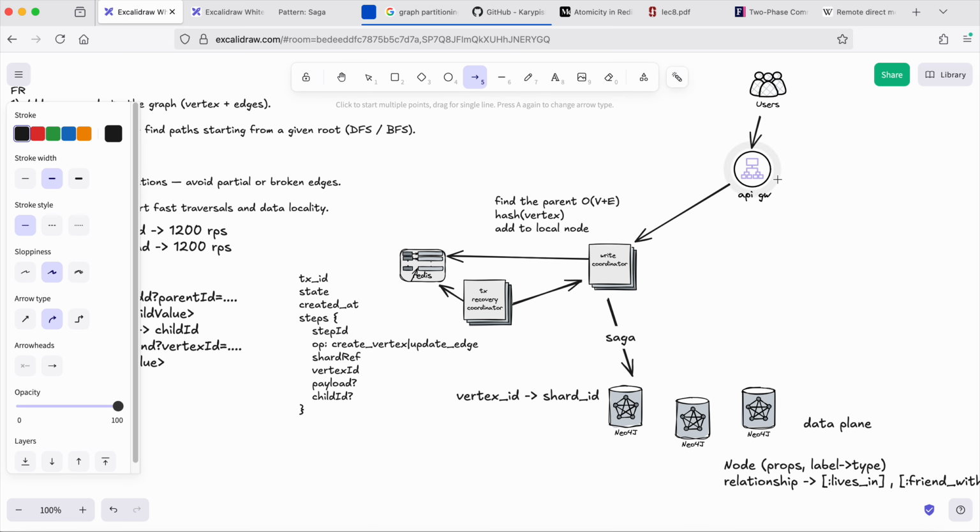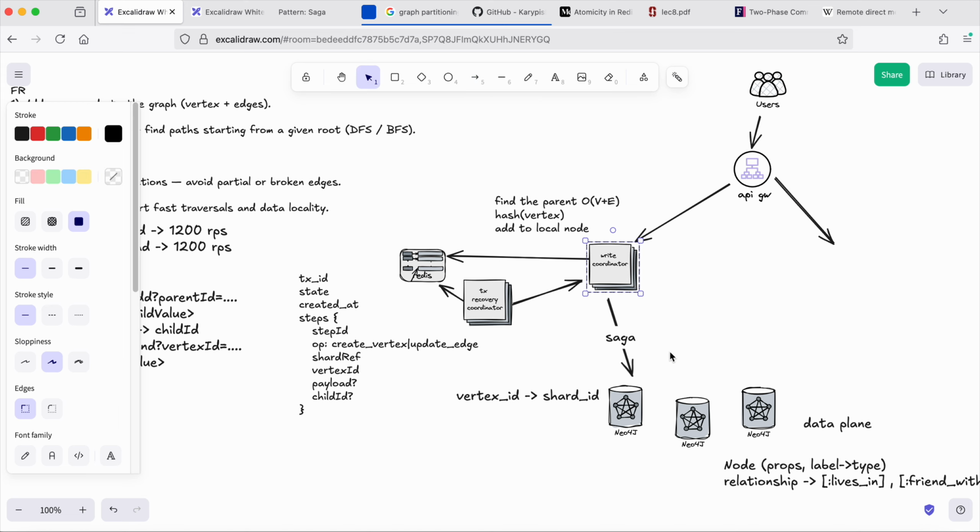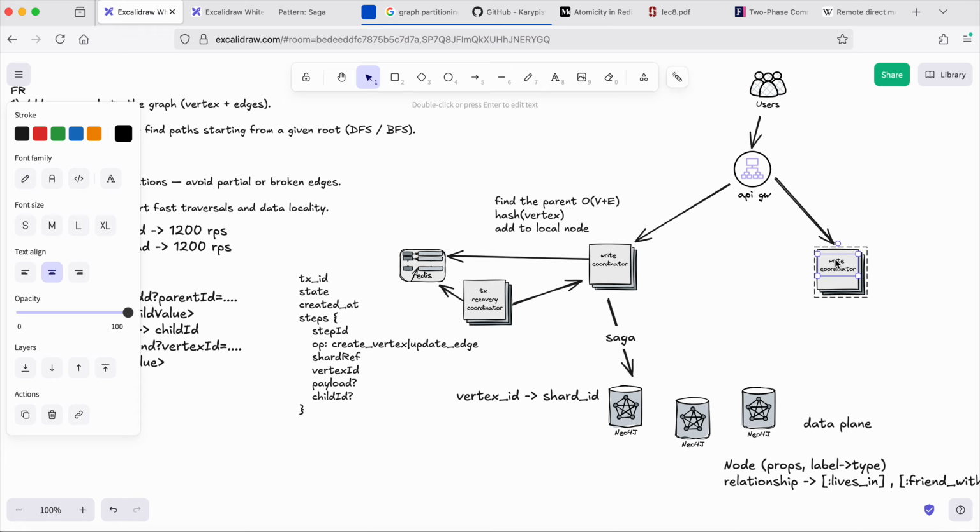Let's move to the other entry point, which I would like to call the read coordinator. Here the trick is that it's complex to move through these syncs.